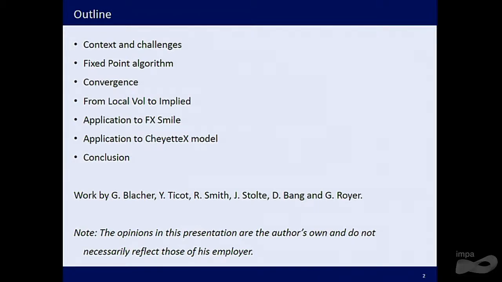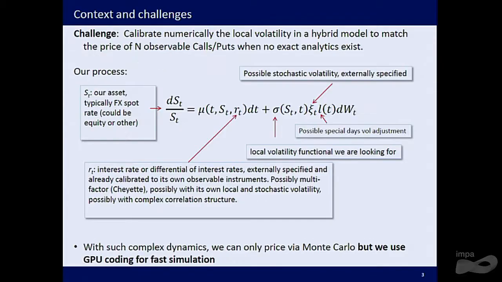And the main applications will be in the context of a much more complex model, and you'll see that it works quite well. This is joint work with a bunch of my people.